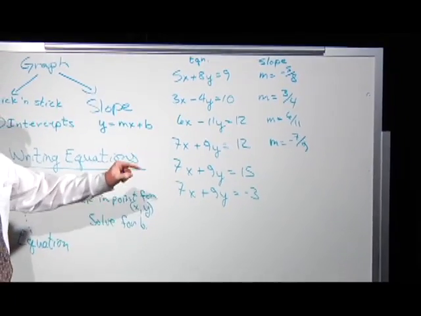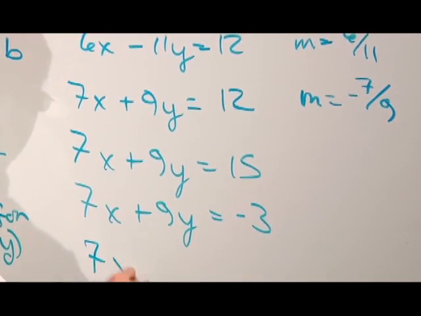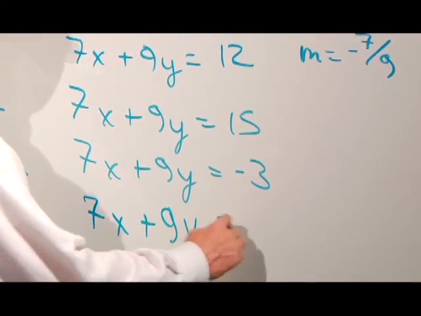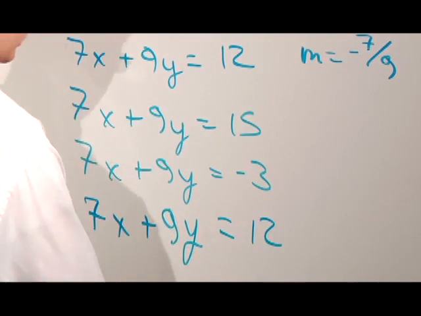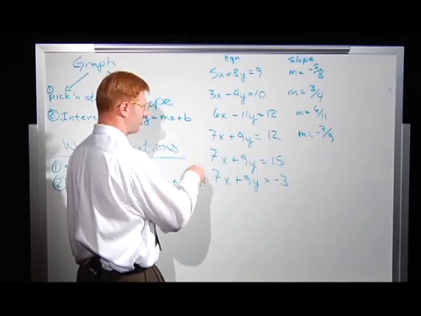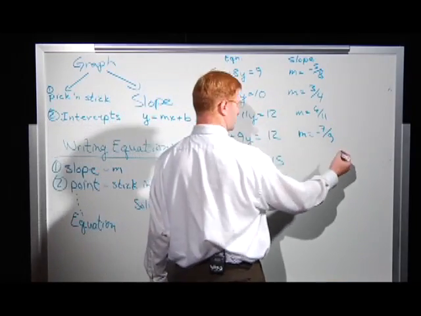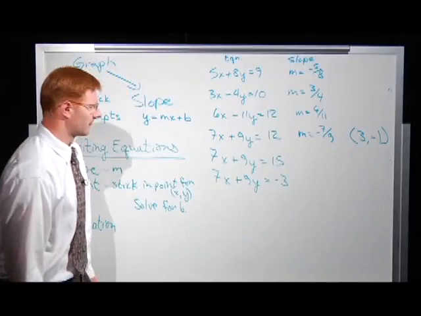Well, now, okay, which one of these points, give me another one. Oh, I already did that one. That's all right then. Okay, so which one of these equations goes through 3, negative 1?